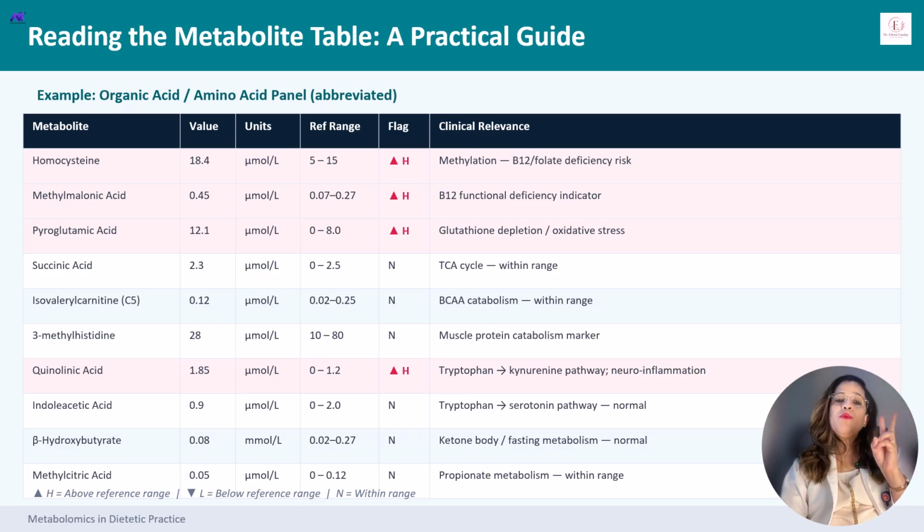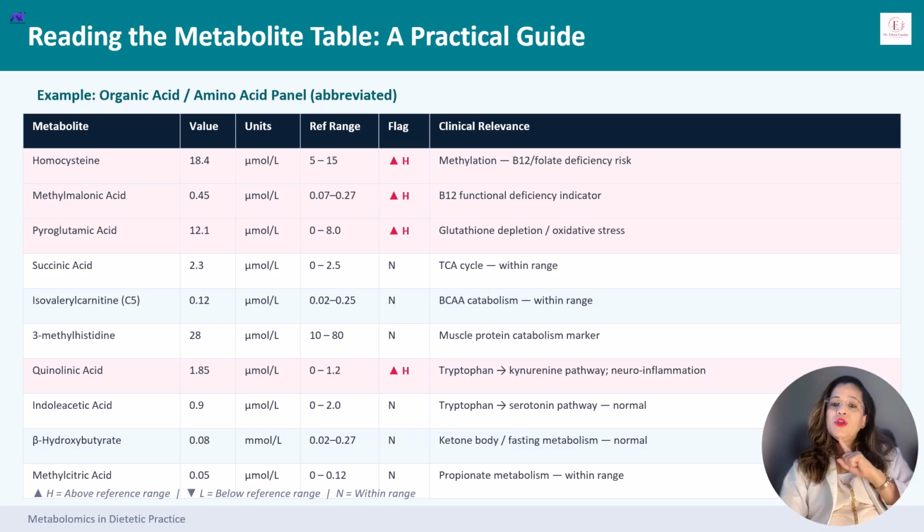The other report is the methylmalonic acid, which is about 0.45 millimoles, which is again high. Normally we say the MMA is the most sensitive functional marker for B12, and it rises even when the serum B12 is normal. So this is the difference in your report between a serum plasma report and the metabolomic report.